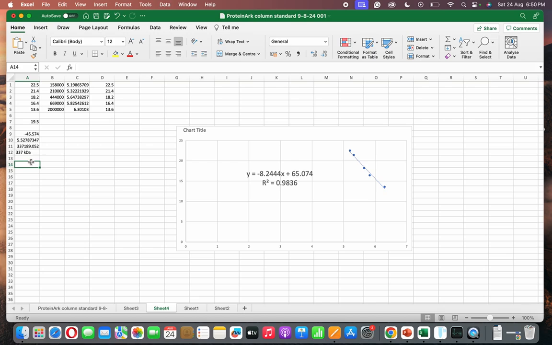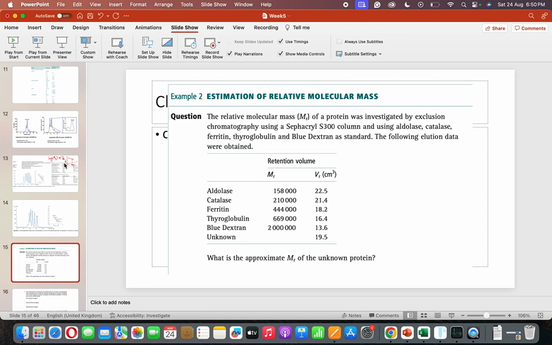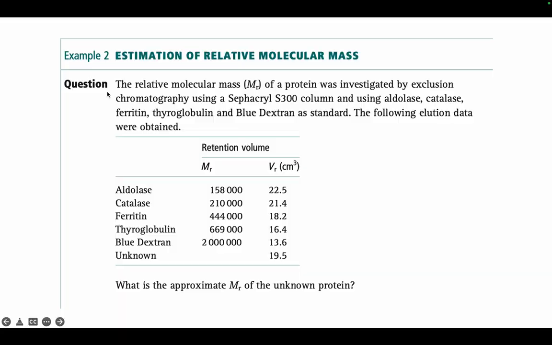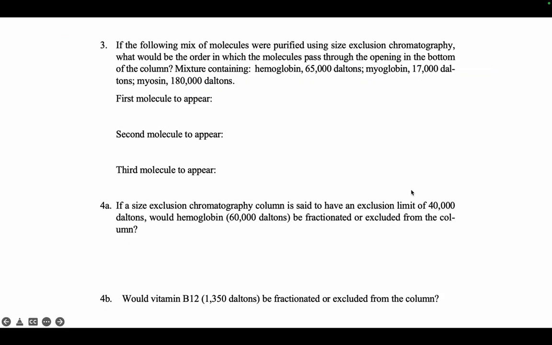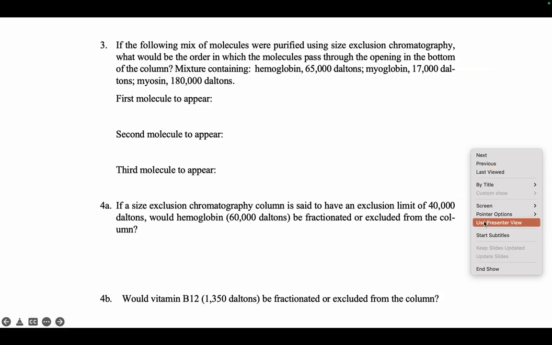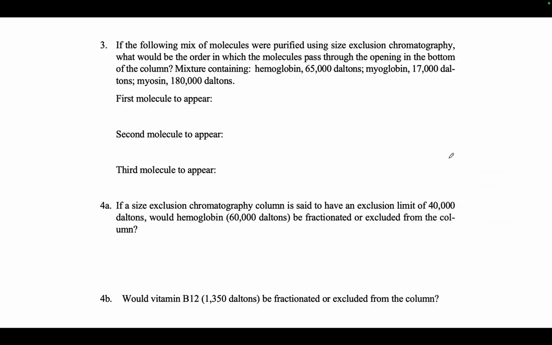So even visually we could tell that it was around 300 kilodalton, but by using the calibration curve, we've gotten a more accurate value of 337 kDa. So approximate MR will be around 330 kDa. Okay. We can do some more problems.